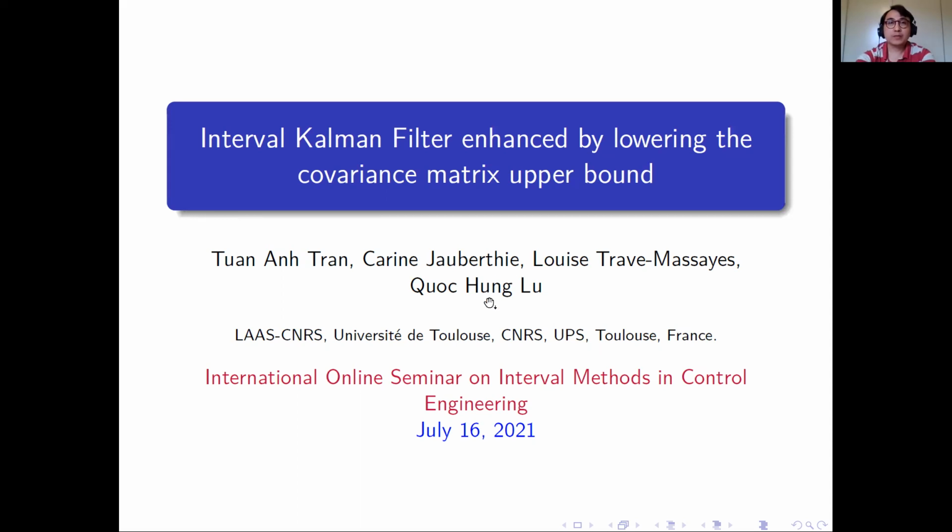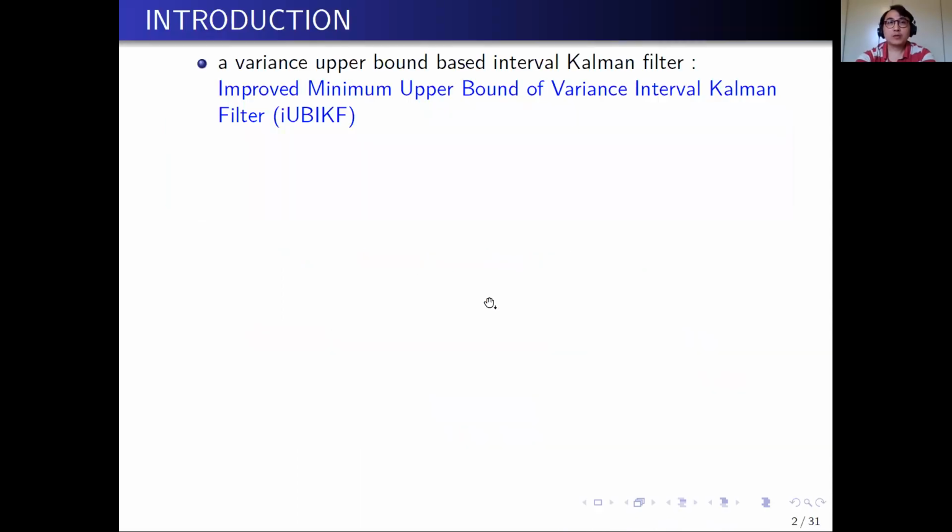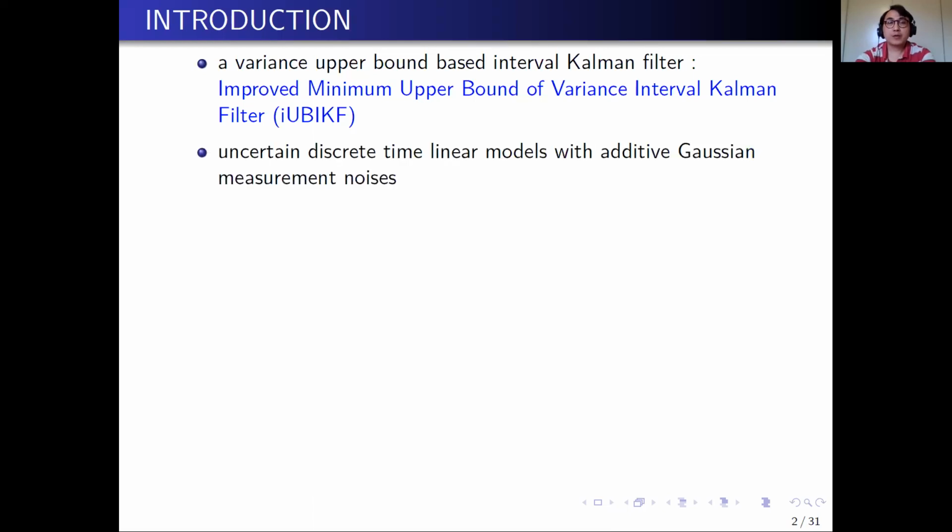Today, I'm pleased to present to you our work entitled Interval Kalman Filter Enhanced by Lowering the Covariance Matrix Upper Bound. In this talk, I will introduce the improved minimum upper bound of variance interval Kalman filter, IUBIKF. The proposed method is developed based on an uncertain discrete-time linear model with additive Gaussian measurement noises.